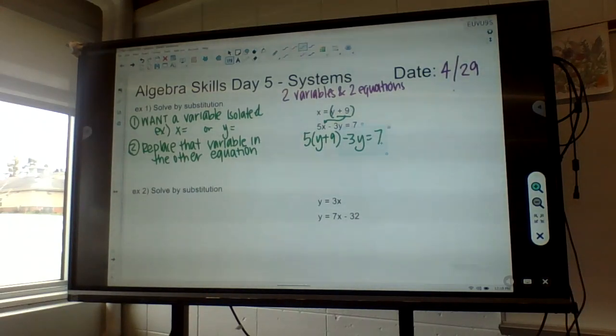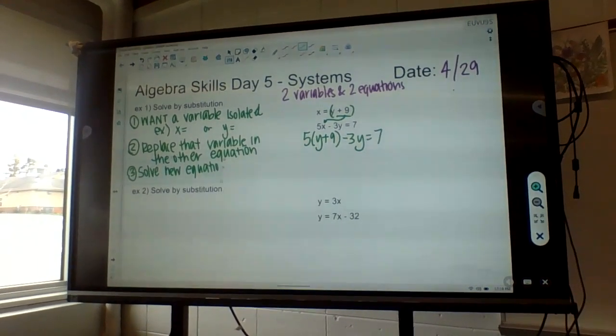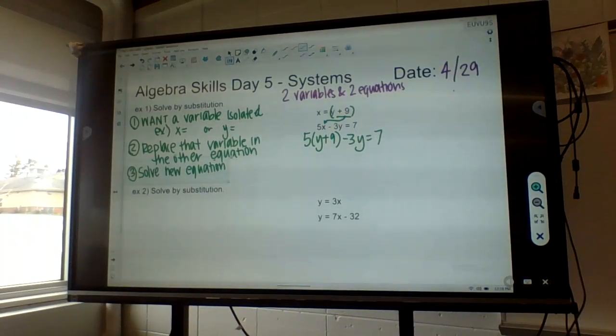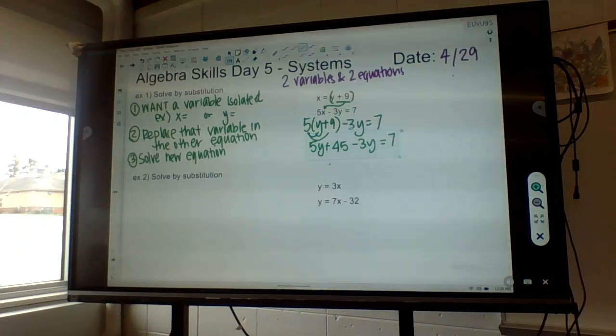At this point, we're ready to solve that new equation. So we're going to distribute that 5 in. We're going to combine some like terms, so the 5y and 3y can go together. So it'll be 2y.